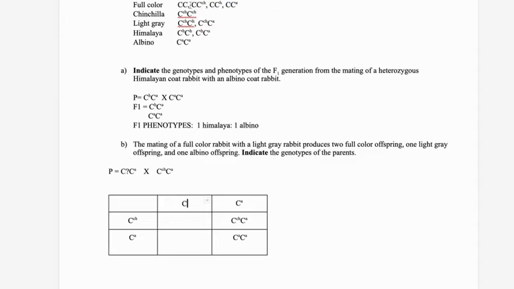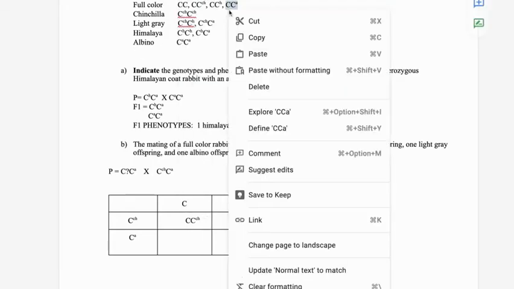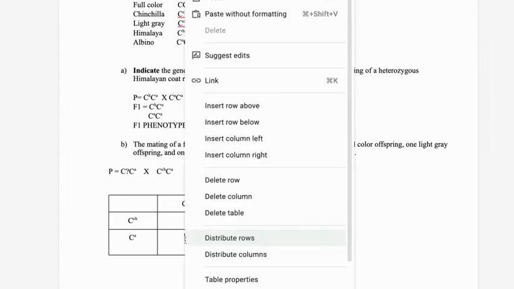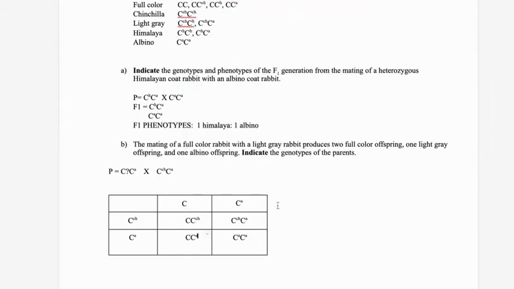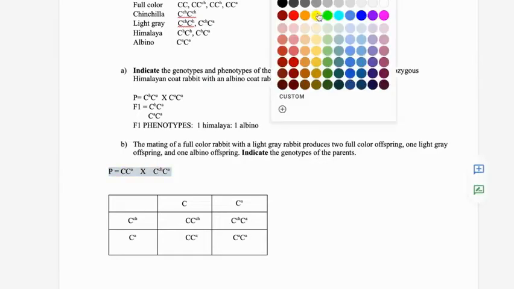So C chinchilla gives me a full color coat, and C albino gives me the second expected full color coat. There we go. That works. So indicate the genotypes of the parents is what they wanted. There you go. This is the parents.